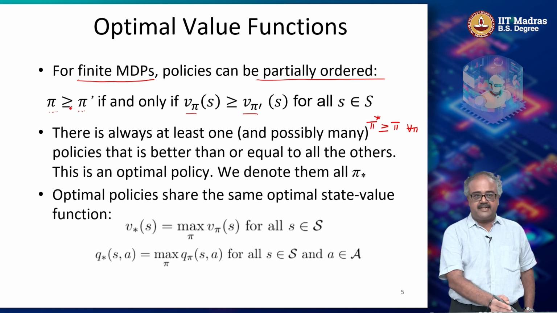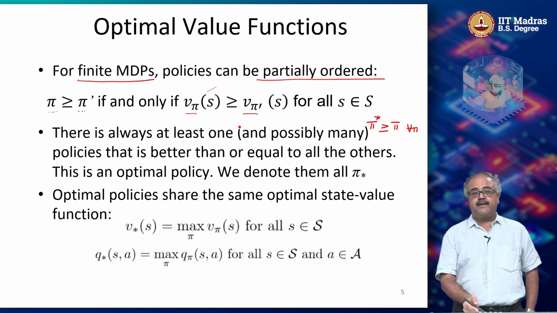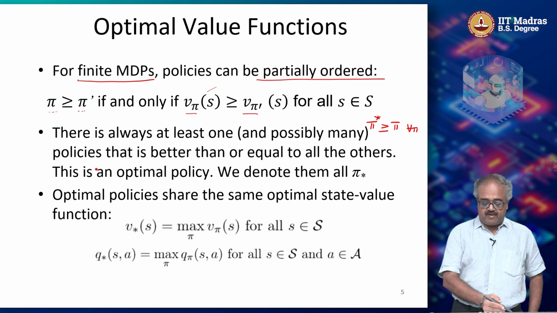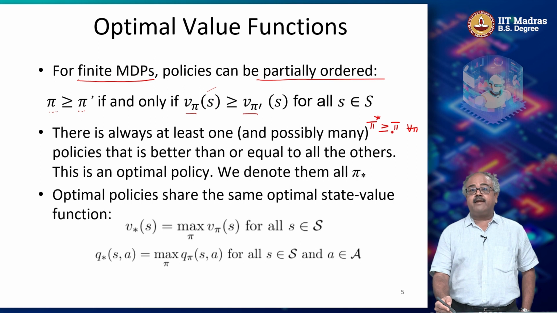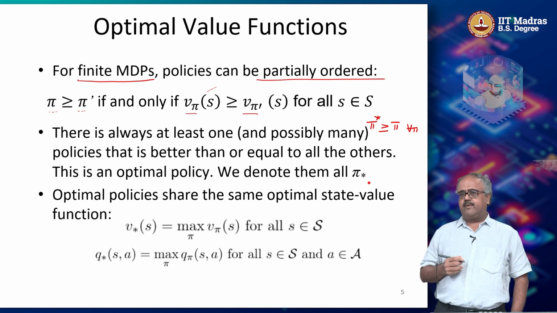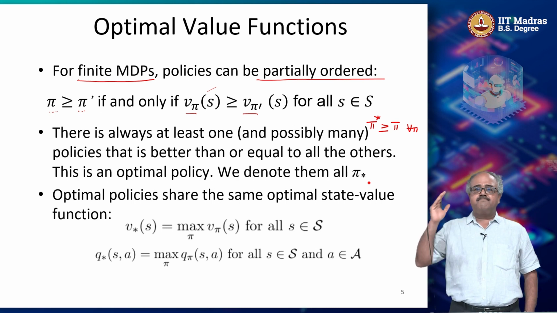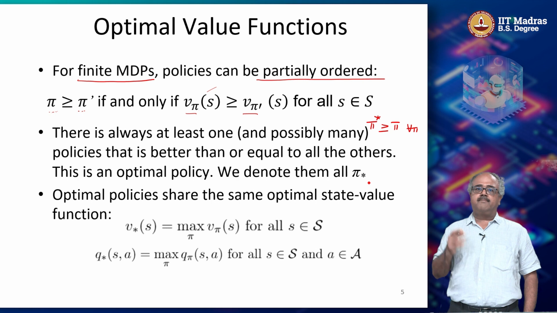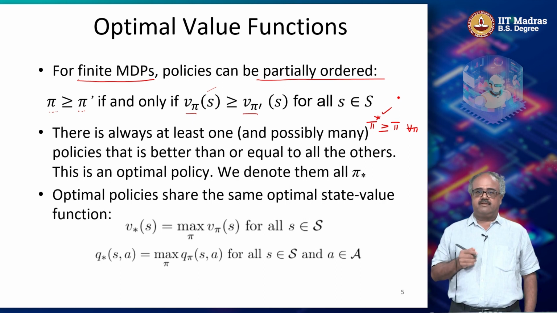We said pi is greater than or equal to pi prime if the condition on the value function is satisfied for all states. Now I am saying there is at least one policy, pi star, that is greater than or equal to every pi. Obviously it holds for pi star itself, in which case it is equal, but for any other policy you pick, pi star is better than or equal to that policy. Such a pi star always exists for finite MDPs.